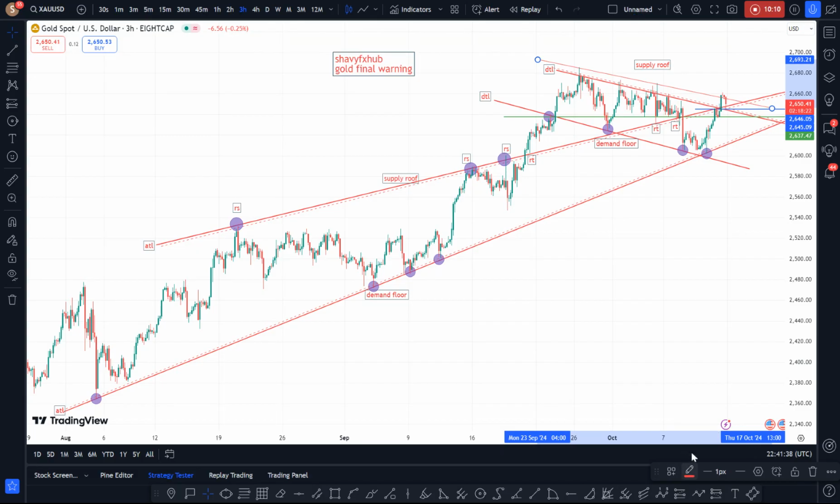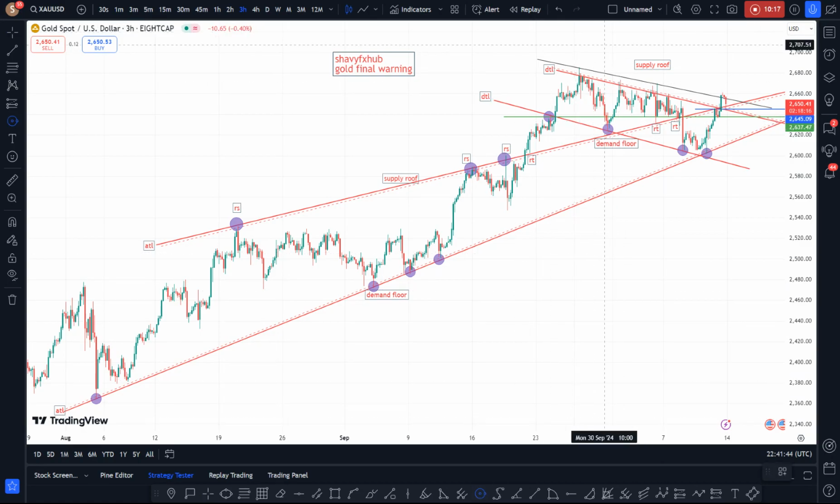So we change the color to black, and we want to see how the 4 hours candle will close. But at the moment, price has respected a broken structure and is sitting on temporary 3 hours demand.